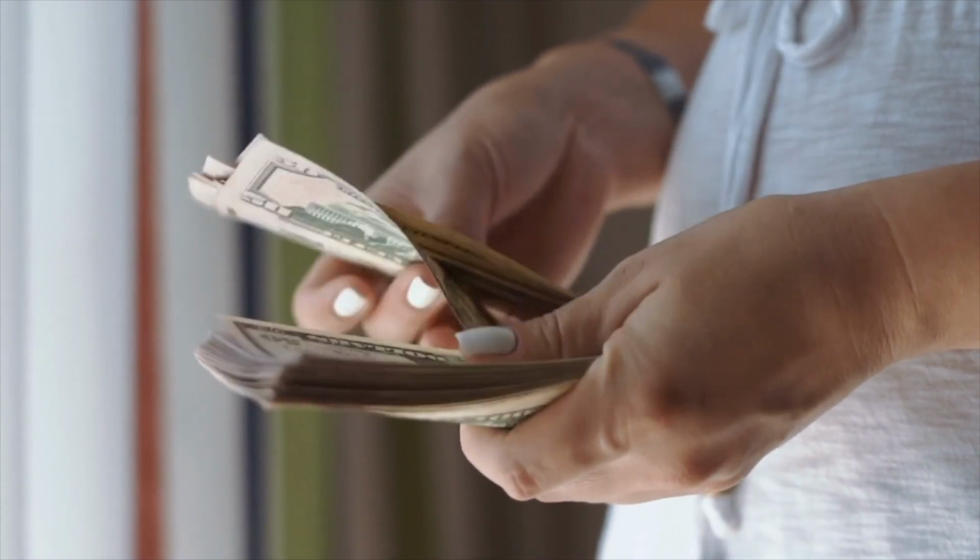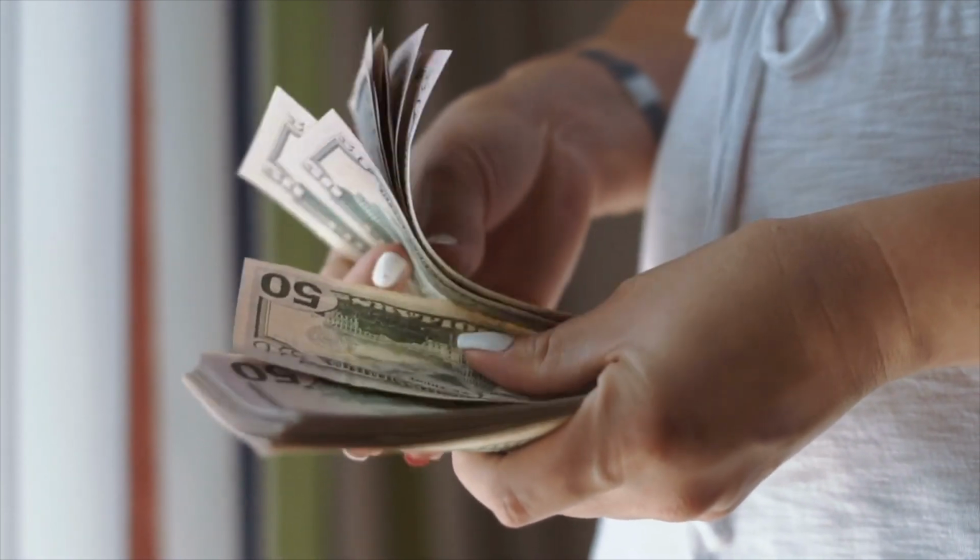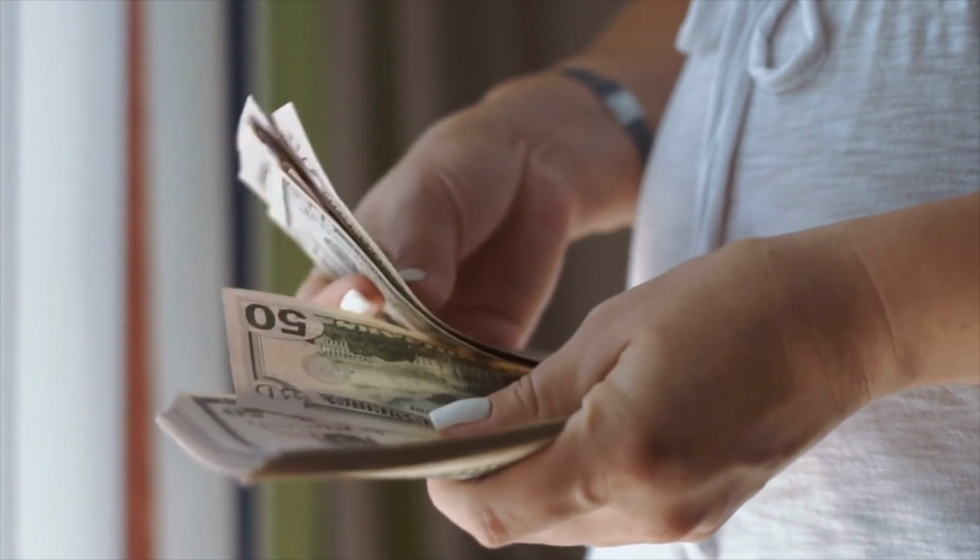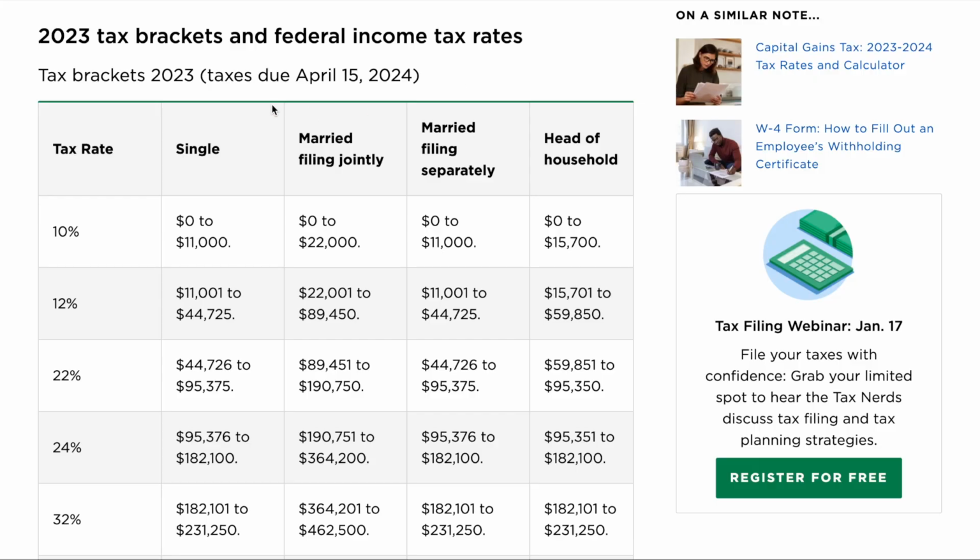I also want to quickly share with you the 2023 tax brackets and federal income tax rate. This tax bracket are for 2023 for the taxes due April 15, 2024. This tax rate has the percentage right here, and it is broken down based on how you're filing your taxes, whether you're single or married.